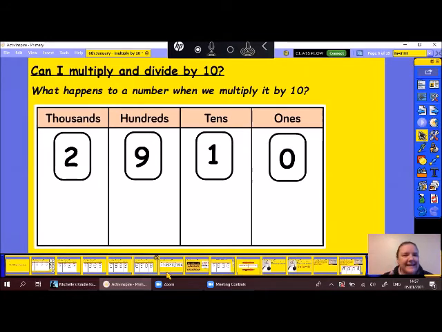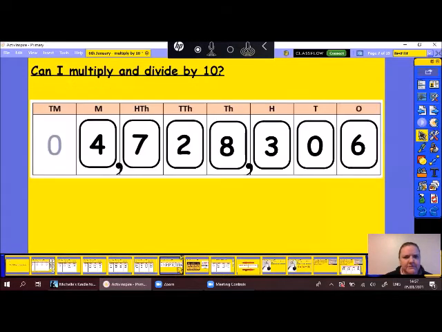But I can hear you, what about really, really big numbers? What about this number here, 4,728,306. That is a big number. So how do we times that by 10? We're only Year 4, surely we can't do that. Actually, it's exactly the same. We take all of the digits, we move them all over together up to the next column.